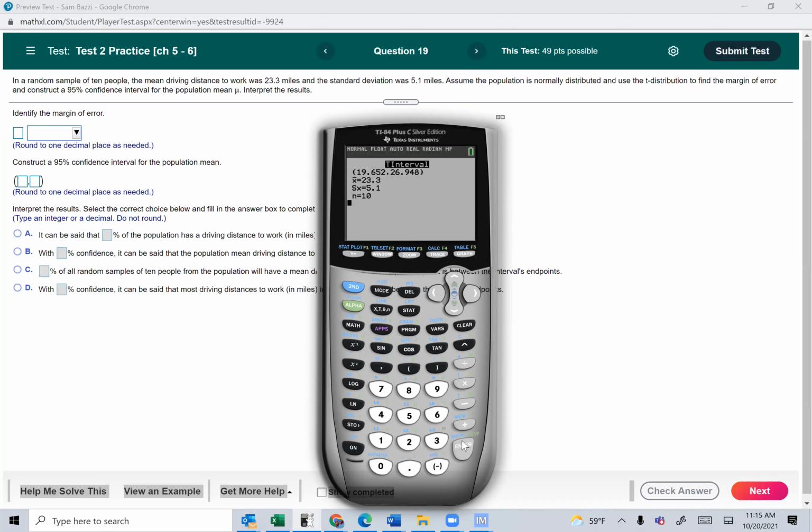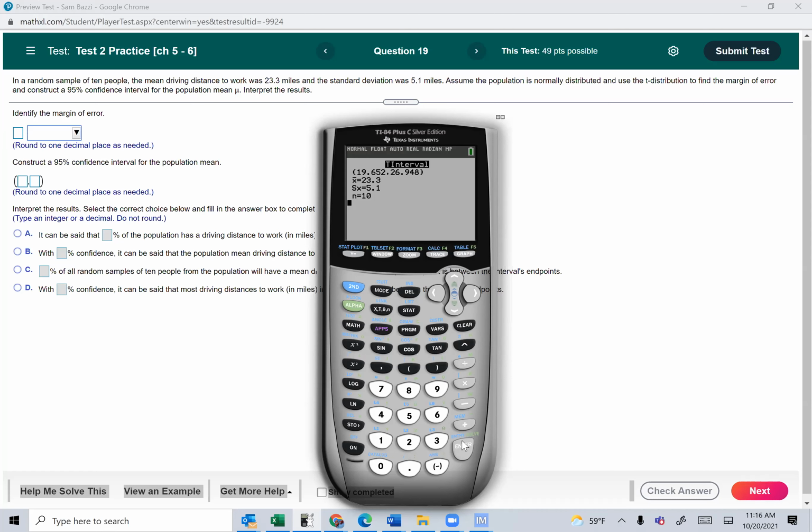Okay. You take 26.948 minus 19.652 and then divide the answer by 2. So your margin of error will be 26.948 minus 19.652 divided by 2, which is 3.648.